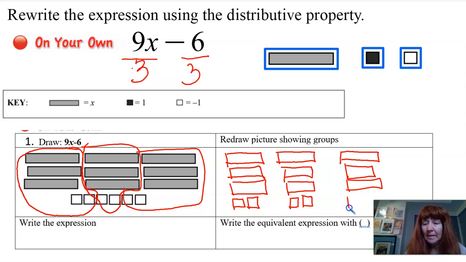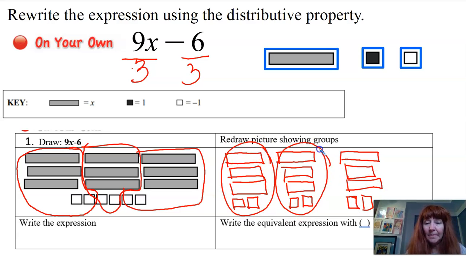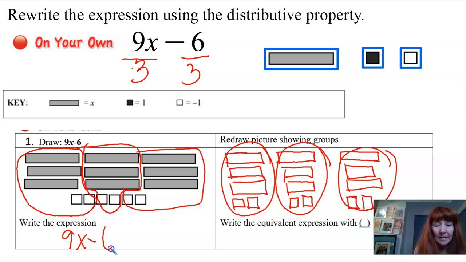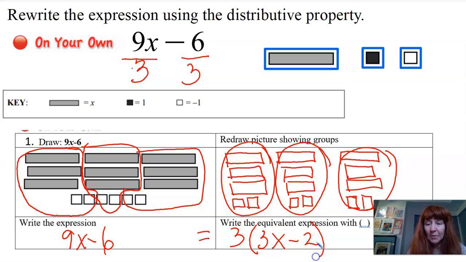Sorry, my x's are just getting crazy. They don't look the same at all. There's 3x minus 2. There's 3x minus 2. And there's a third 3x minus 2. So 9x minus 6 can be rewritten. The equivalent expression is 3 groups of 3x minus 2.